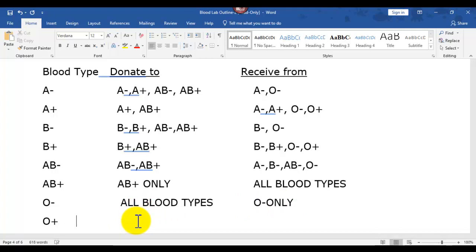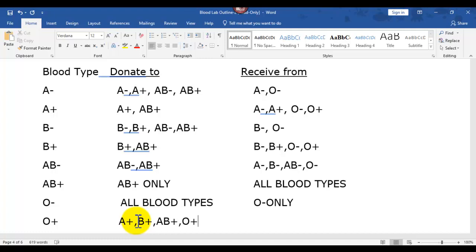And at the coup de grace, if you are O positive, who can you donate to? If you're O positive, let's see, you can donate to, I can't find my plus, sorry, A positive, B positive, AB positive, and O positive.